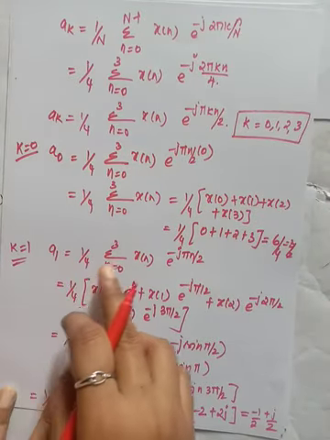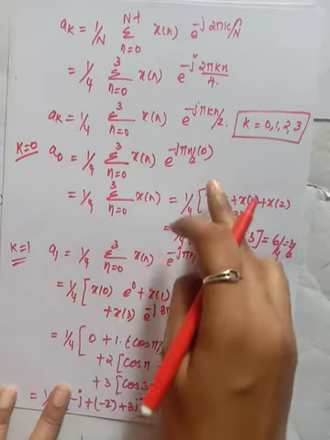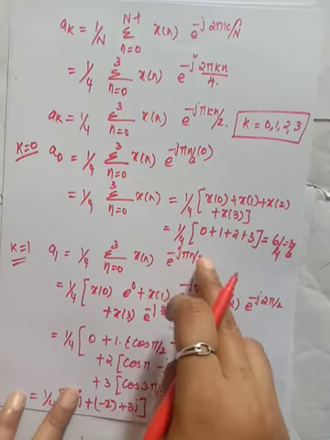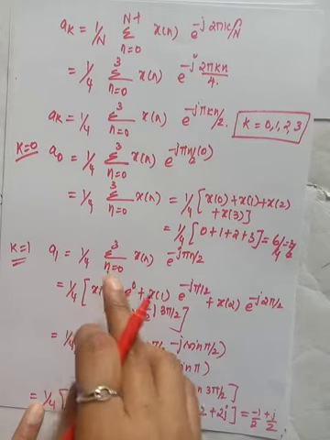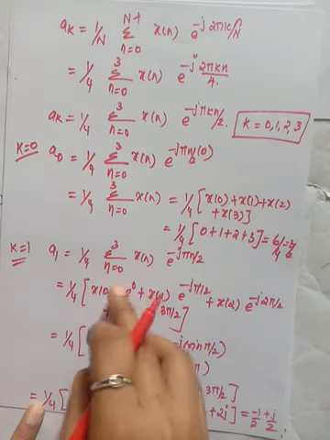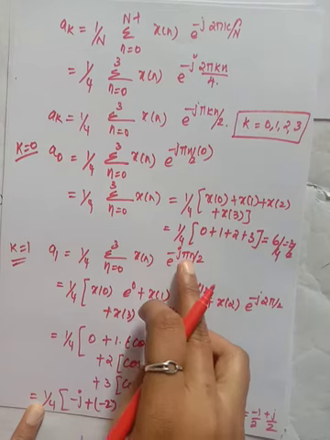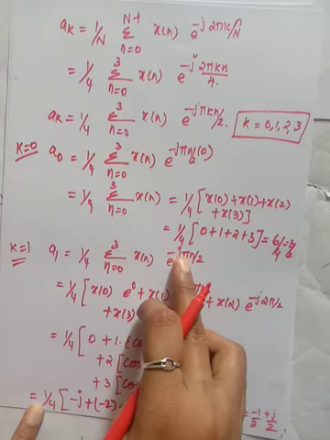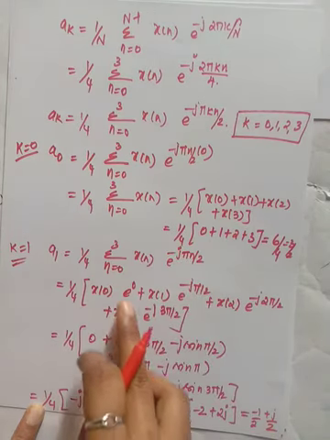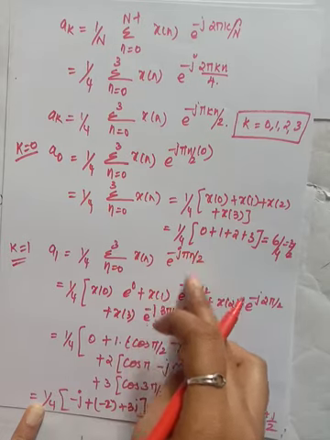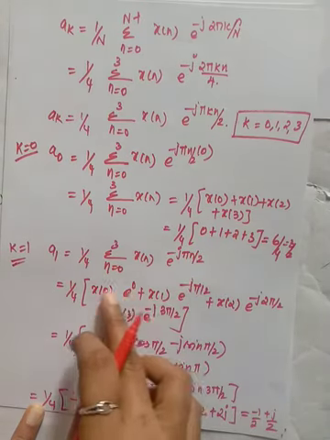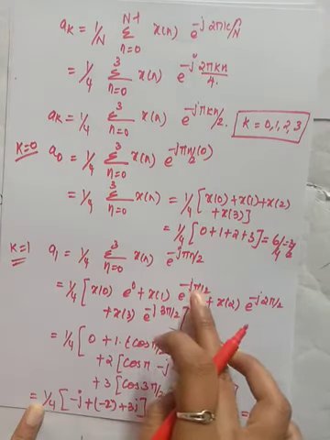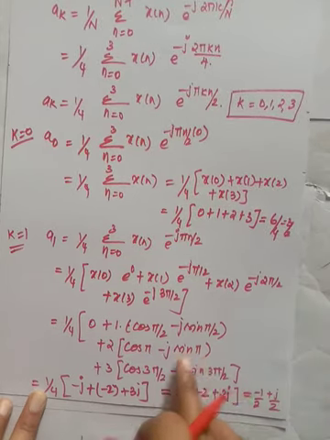Similarly a_1 is 1/4 summation n equal to 0 to 3 x[n]. Here instead of k I am substituting 1. So e^(-jπn/2). Next I am expanding the inner summation. So x[0] e^0, then x[1] e^(-jπ/2), next x[2] e^(-j2π/2) plus x[3] e^(-j3π/2). Now x[0] is 0, so this term will become 0. x[1] is 1, so this can be written as cos(π/2) minus j sin(π/2).